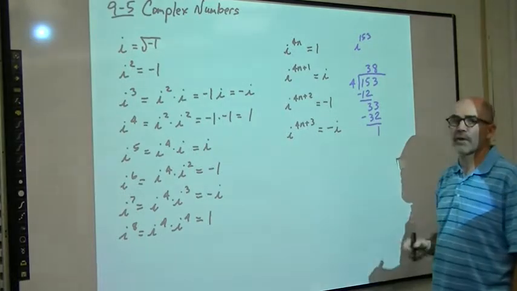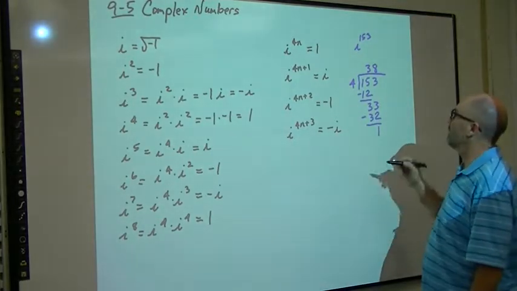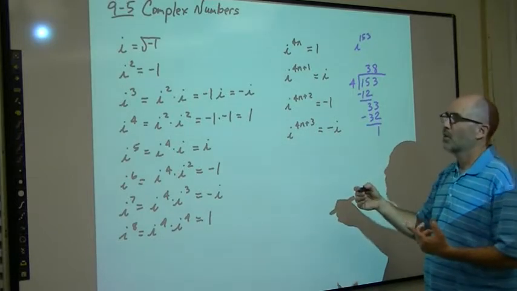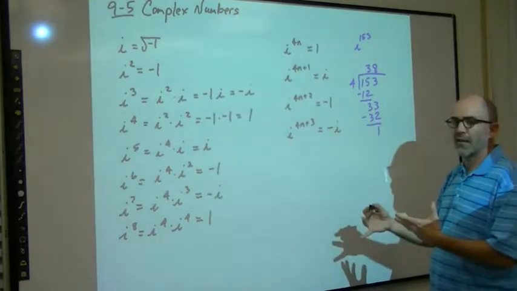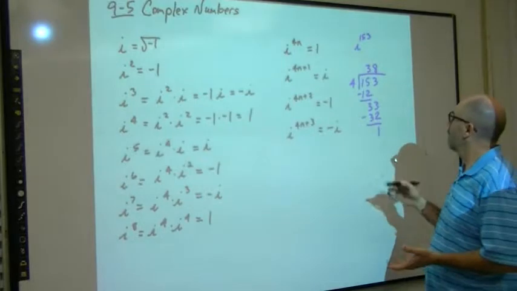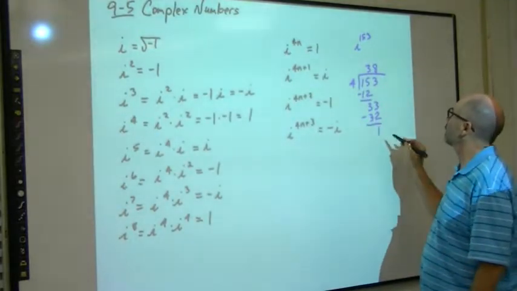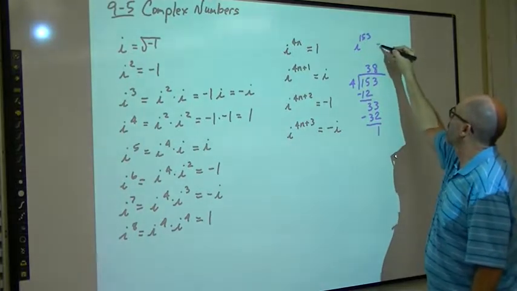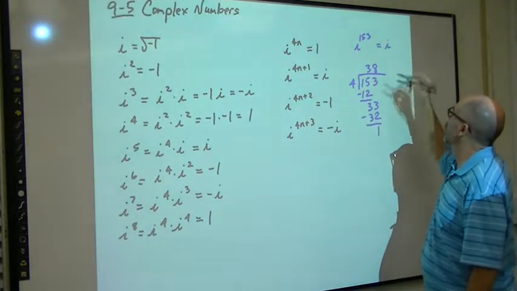Now, I don't care about the 38, because that's basically i to the 4th to the 38th, which is 1 to the 38th, which is just 1. But what I do care about is there's 1 left over. So that makes this i to the 1st, which is i.